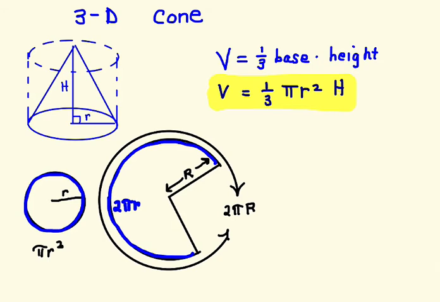And then we have big R. Well, big R is actually this, and we have to calculate it. Big R is what we call the slant height. As a matter of fact, let's call it that.